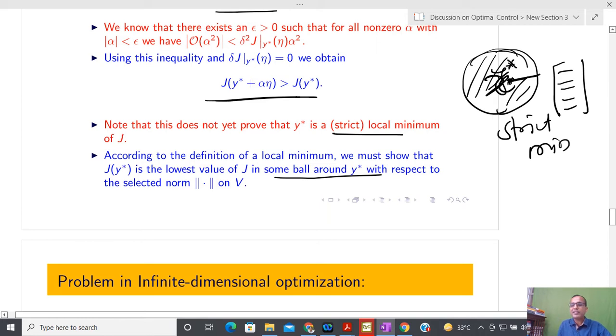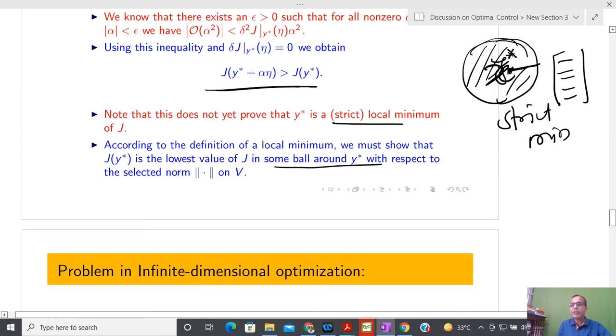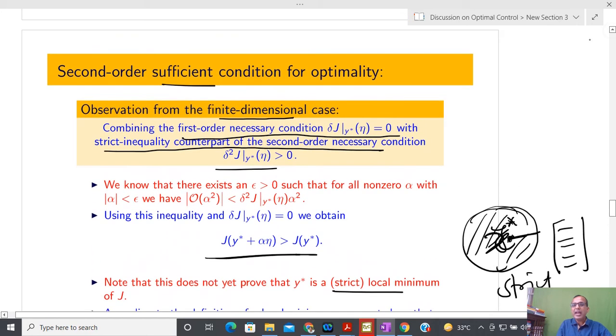But let us see whether a similar kind of formulation is possible for the infinite dimensional problem or not. What we have done so far is try to generalize in the same way as the finite dimensional case. I preserve the first order necessary condition, and I have just changed the second order necessary condition to a strict condition, same as in the finite dimensional case.